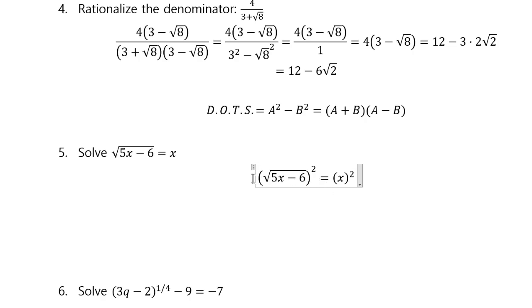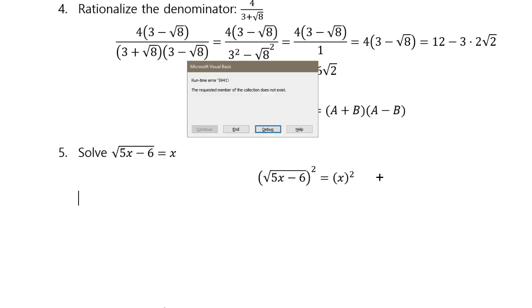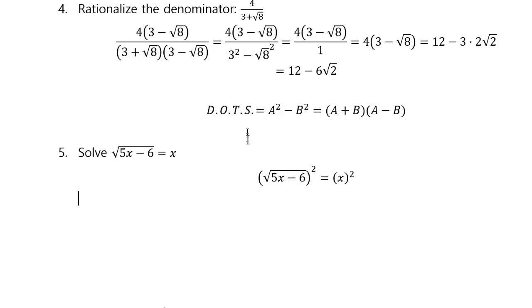So since I squared the left side and squared the right side, they should still be the same. And then you have 5x minus 6, because the square will cancel the square root, and x squared.